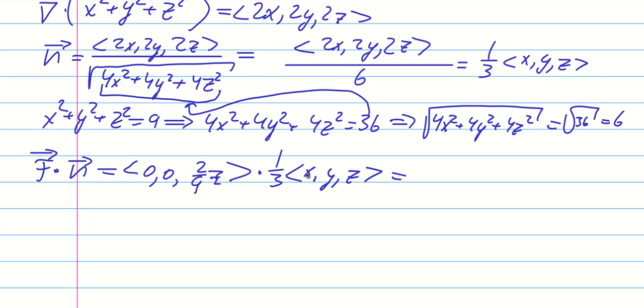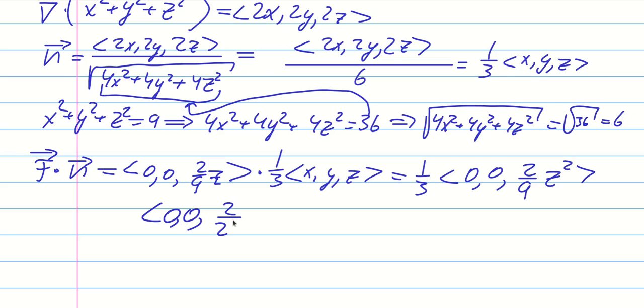So 0 times x is 0, 0 times y is 0, so we have 1/3 and 2 over 9 z times z, which is 2 over 9 z squared. So finally we have 0, 0, 2 over 27 z squared.